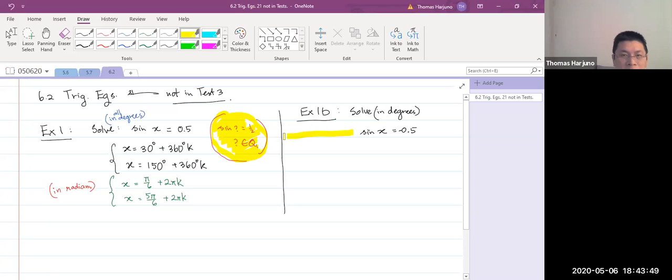Consider it as positive 0.5 first. So the reference angle is 30 degrees, right? That's the reference angle. But you know sine is negative in quadrant 3 and quadrant 4. So what is the angle in quadrant 3 such that the reference angle is 30 degrees?